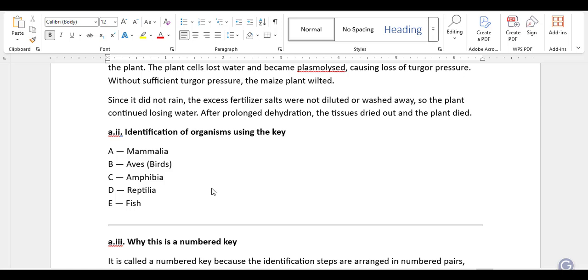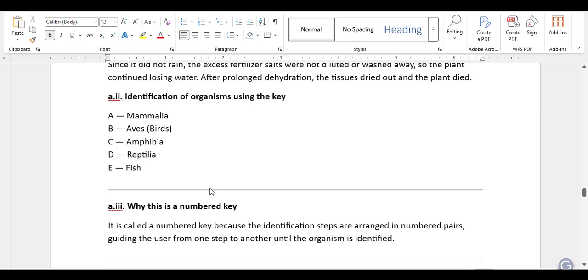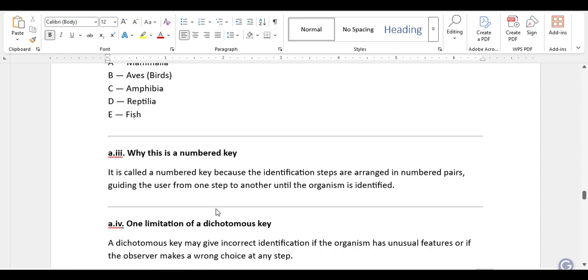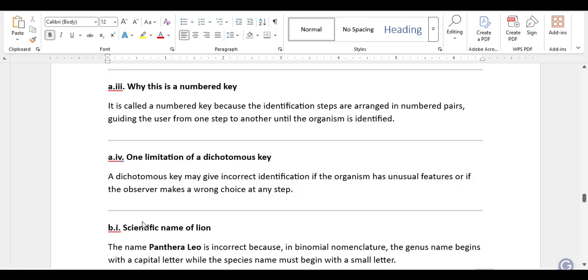Now, why is this a numbered key? It is called a numbered key because the identification steps are arranged in numbered pairs, guiding the user from one step to another until the organism is identified. Then, you should give one limitation of a dichotomous key.